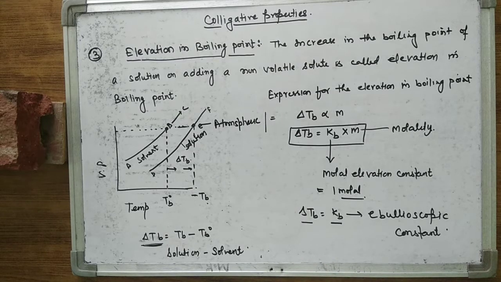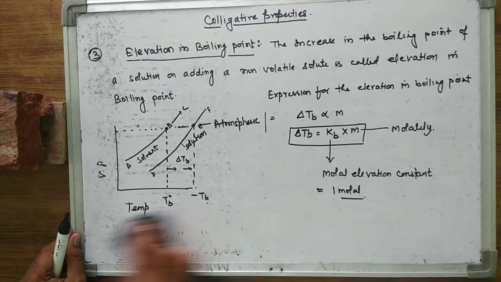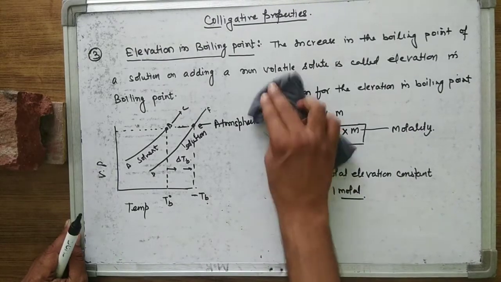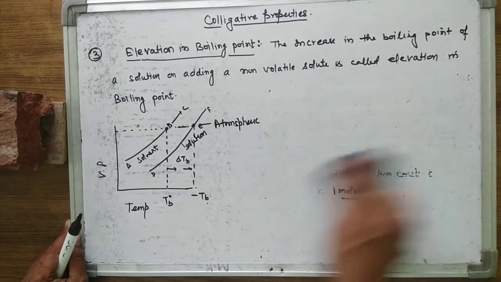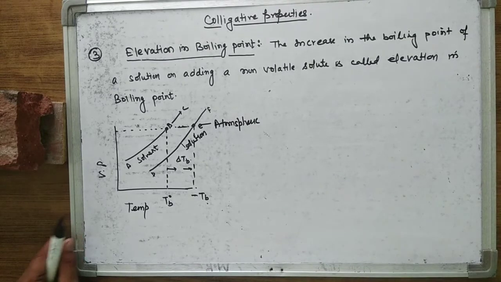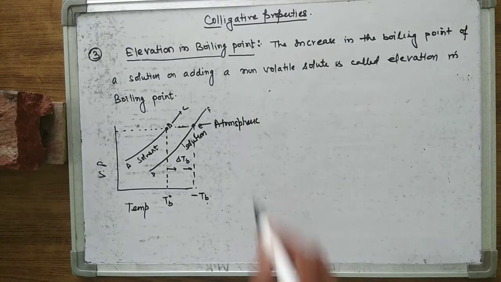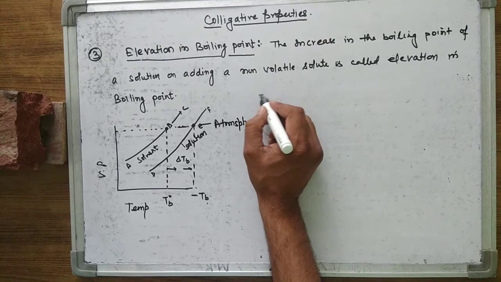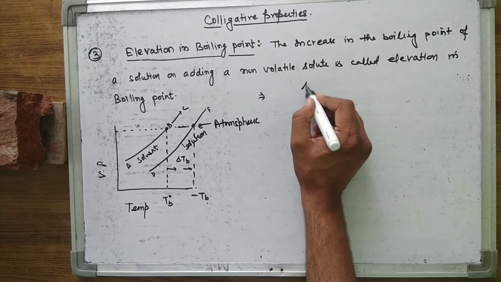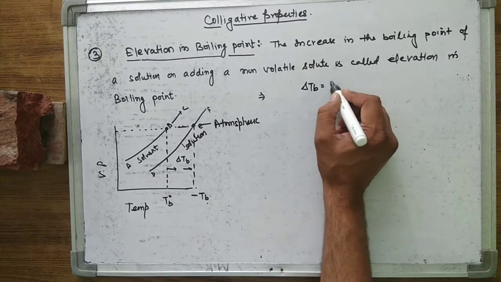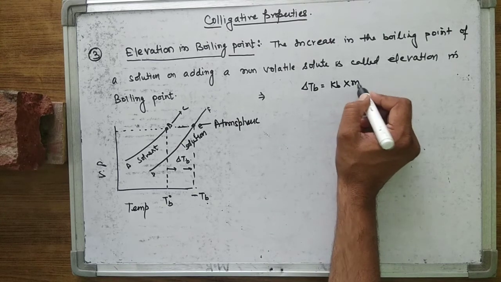Now we find out that elevation in boiling point is a colligative property. To prove that elevation in boiling point is a colligative property, we have to find the molecular mass of the solute by this expression. We get delta Tb is equal to Kb into m, molality.